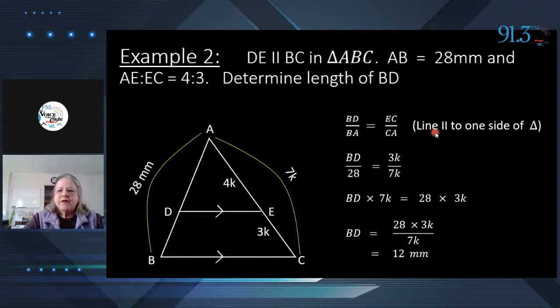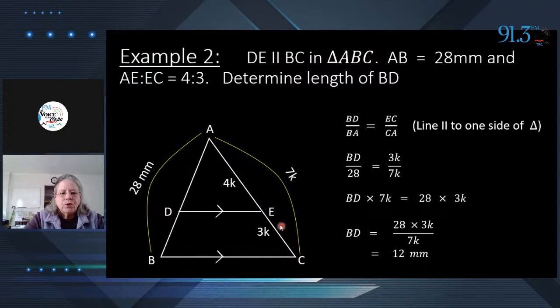So let's see how we will do it. If we use our theorem, a line parallel to one side of a triangle, we can say that BD to BA, so it's a short to a long, is equal to EC to CA, a short to a long.